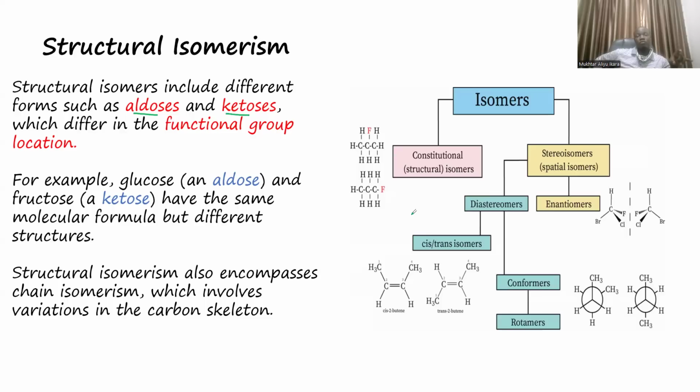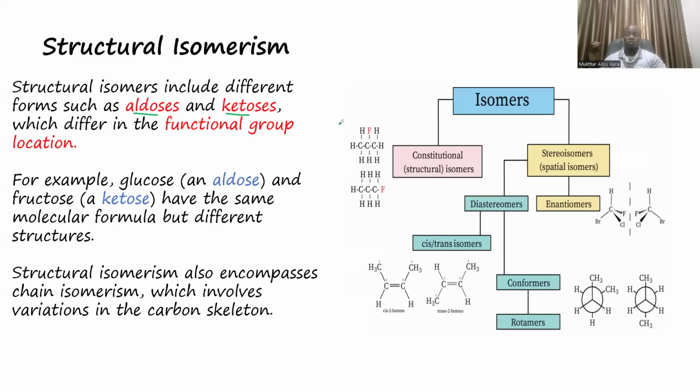In aldoses, there is a free hydrogen attached to the carbonyl carbon, while in ketoses, the carbonyl carbon is attached to two different alkyl groups. But in terms of the molecular formula, they are the same. The number of OH groups is the same.